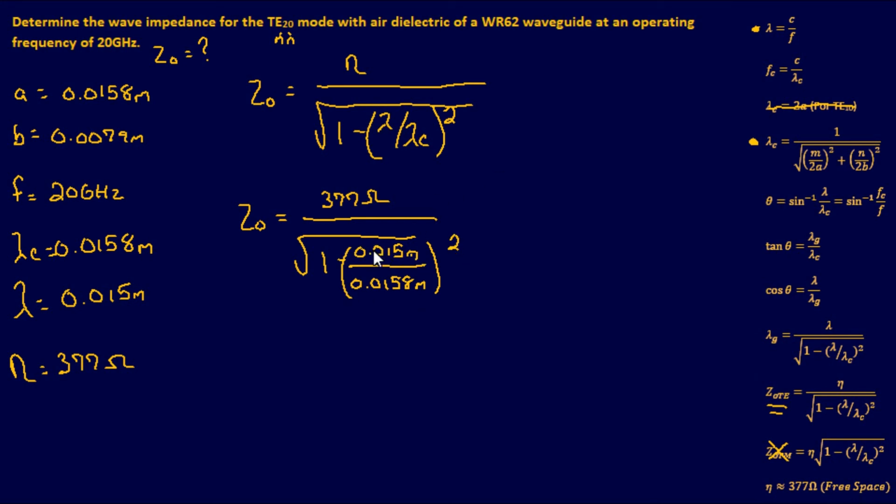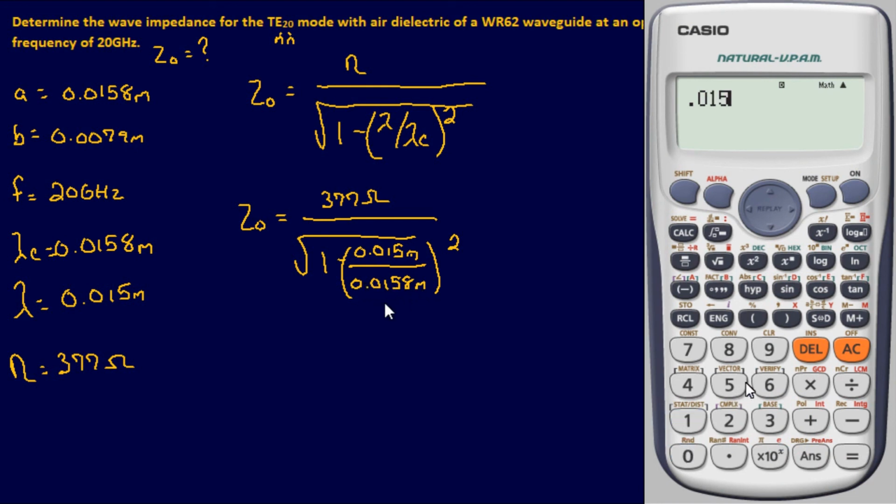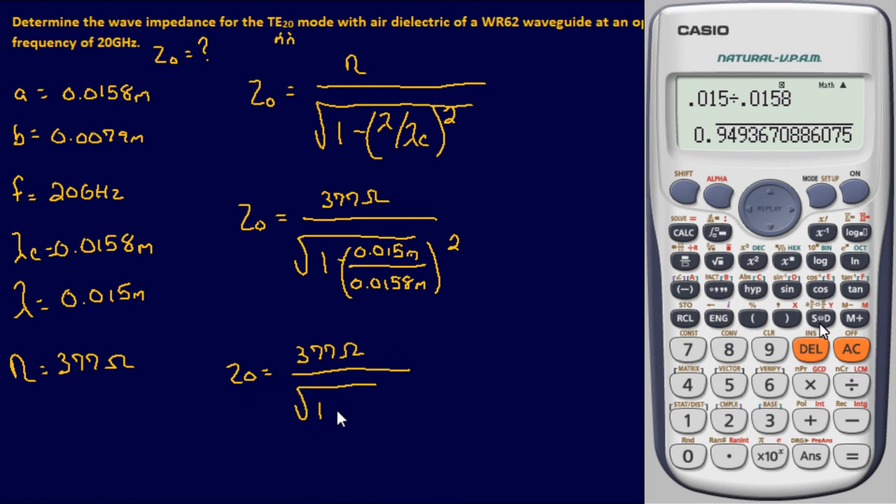So we'll go ahead and do 0.015 over 0.0158. See if I can rewrite this again. 377 ohms over the square root of 1 minus 0.949 squared.